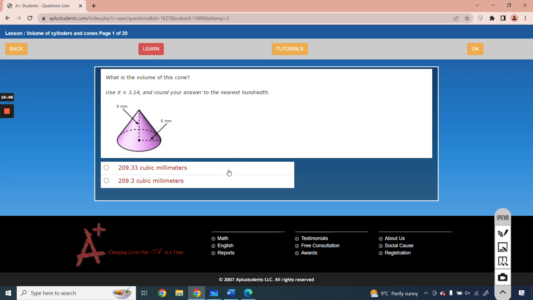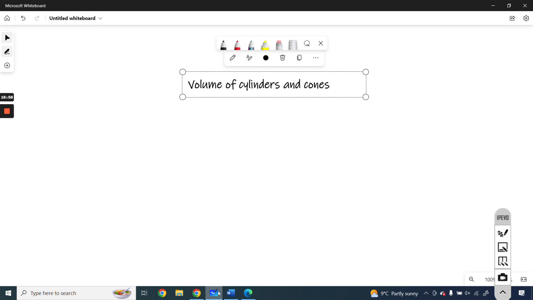Okay, what is the volume of the cone? You are given a cone and you have to find the volume. You are given the radius that is 5 millimeters and the height that is 8 millimeters. So the radius is 5 mm and the height is 8.